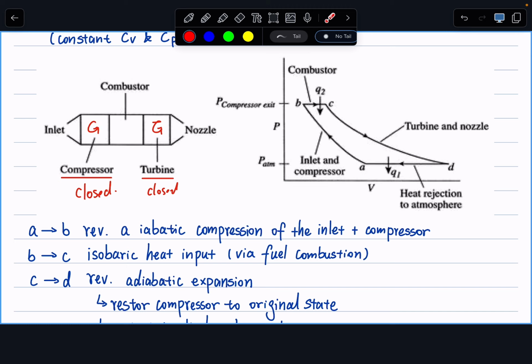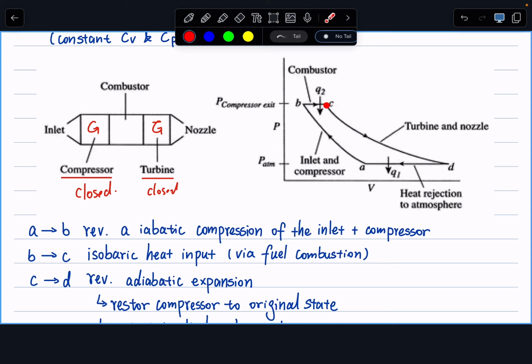So the system is doing work on the compressor to compress the volume of the gas inside. From A to B, the volume is decreasing, and it's an adiabatic process, so it all comes from the surroundings doing work on the compressor.